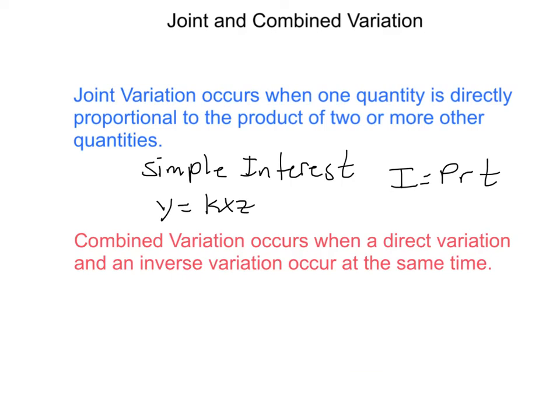But when you have a combined variation, they will say y varies directly with x and inversely with z, something along those lines. They won't say that it's a combined variation, because you wouldn't then be able to say for sure which one is supposed to be the direct and which one would be the inverse. So they will specify that y varies directly with x and inversely with z.